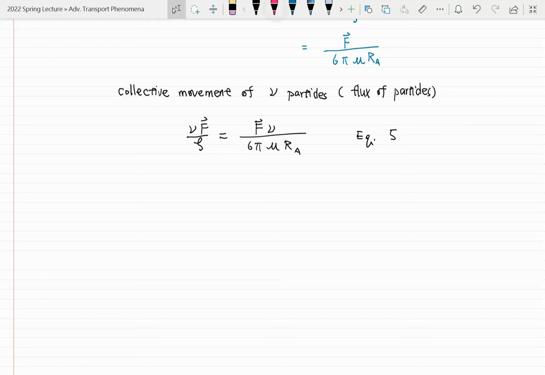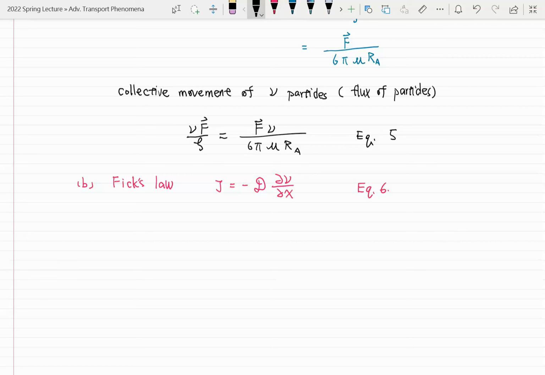Now let's look at the diffusion process. From Fick's law, we know that the flux equals the negative of the diffusion coefficient times the gradient of the particles, the change in the number of particles over x. And that's called equation 6.